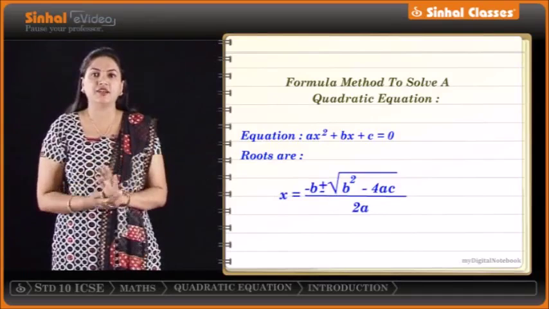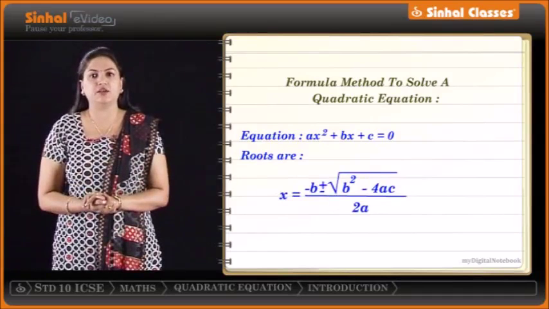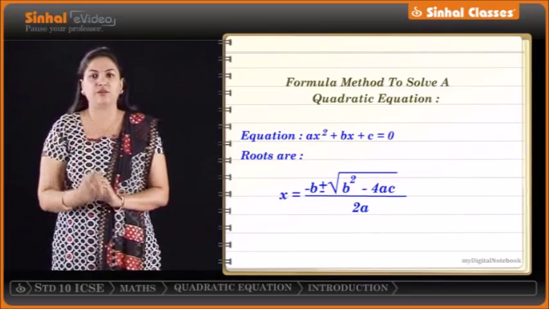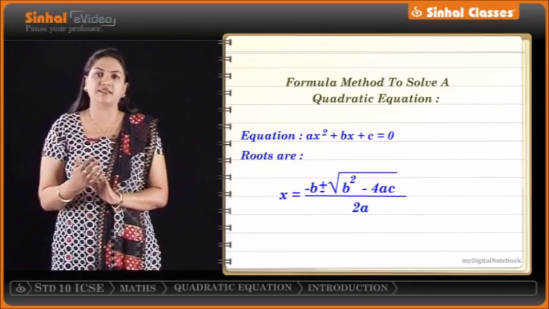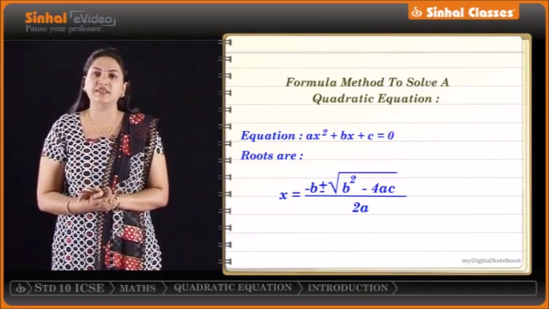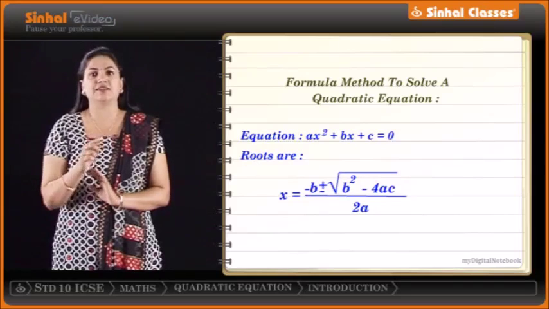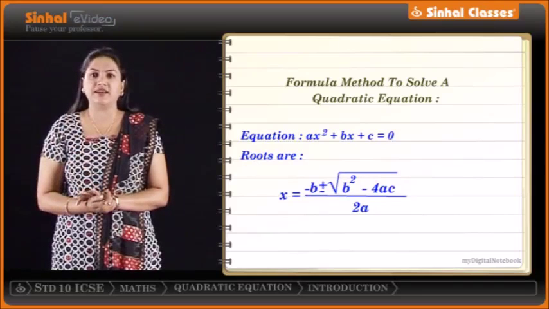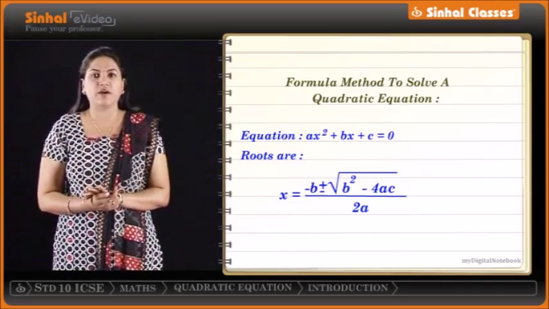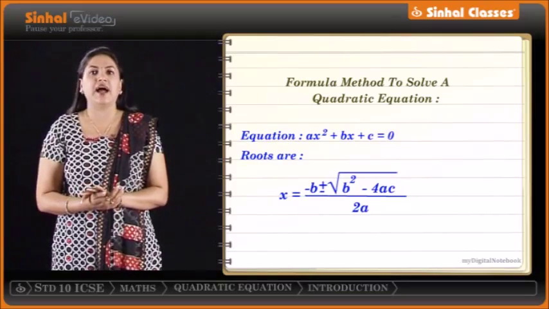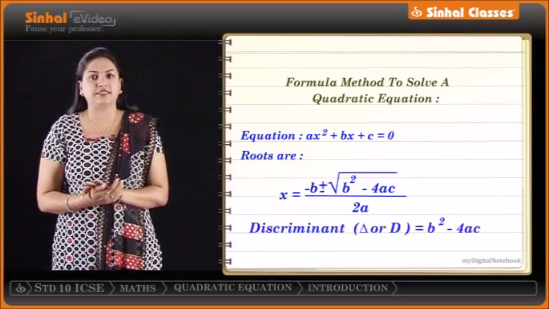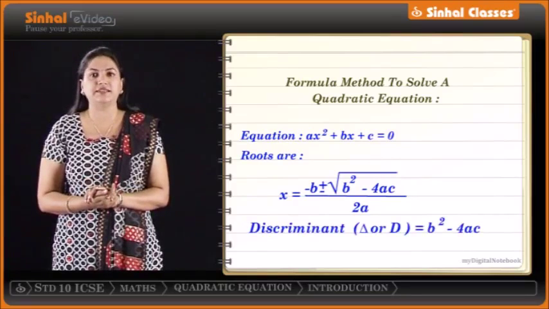That is, the first root is x = (-b + √(b² - 4ac)) / 2a, and the second root is (-b - √(b² - 4ac)) / 2a. Here, b² - 4ac is called the discriminant and it is denoted as delta or capital D.